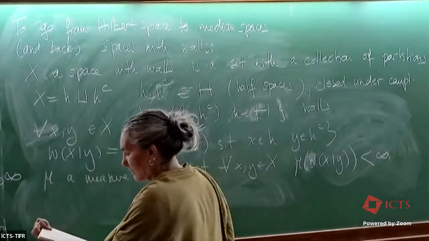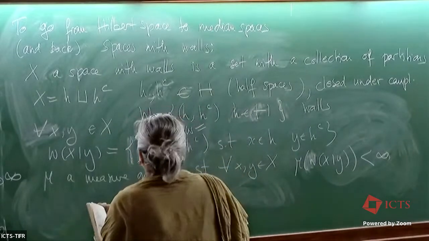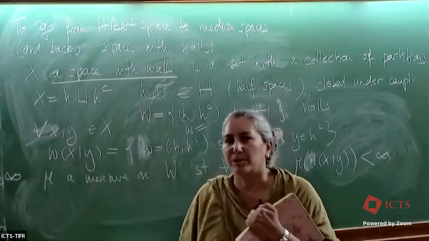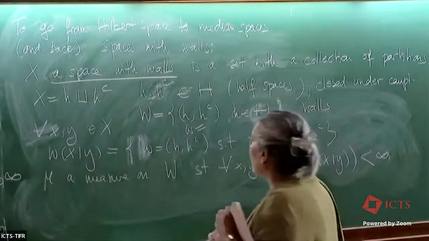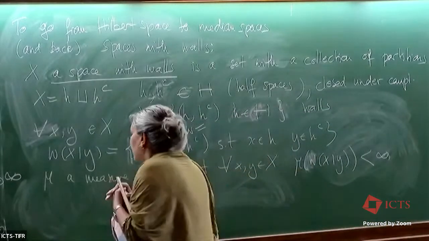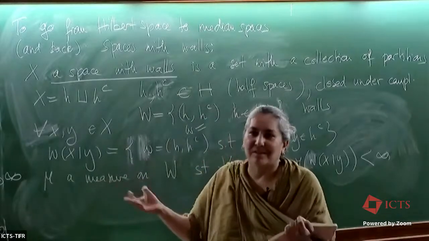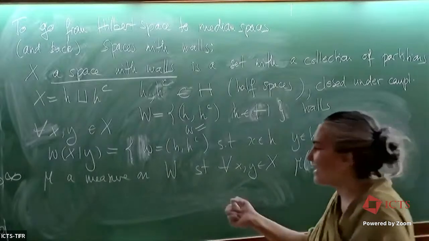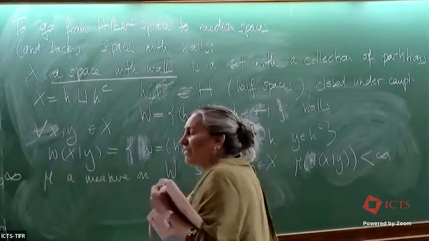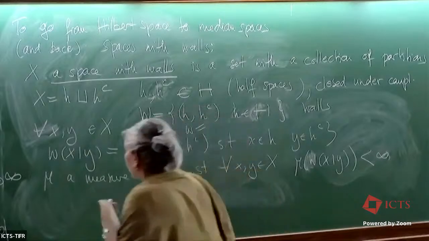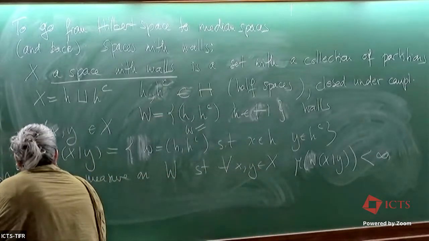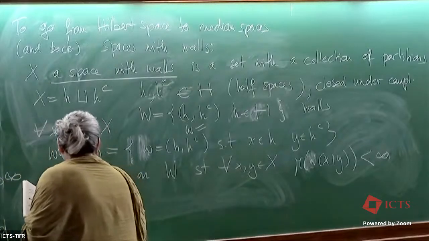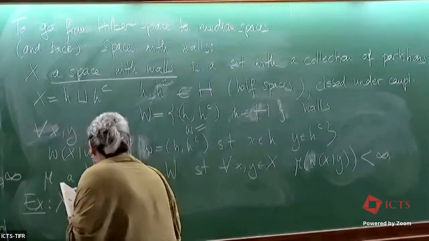Right. So this is the definition of a space with walls. So you need to have a bunch of partitions, so you can say when a partition separates two points, if you're on one side and the other, and you want a finite measure on the set of walls. So the classical example is X is the vertices of a CAT(0) cube complex.